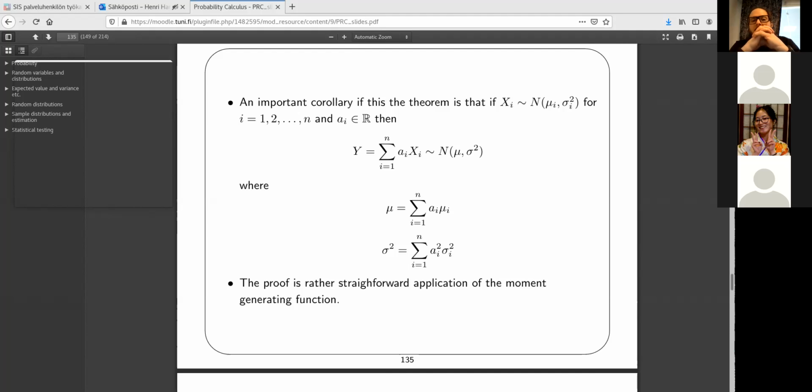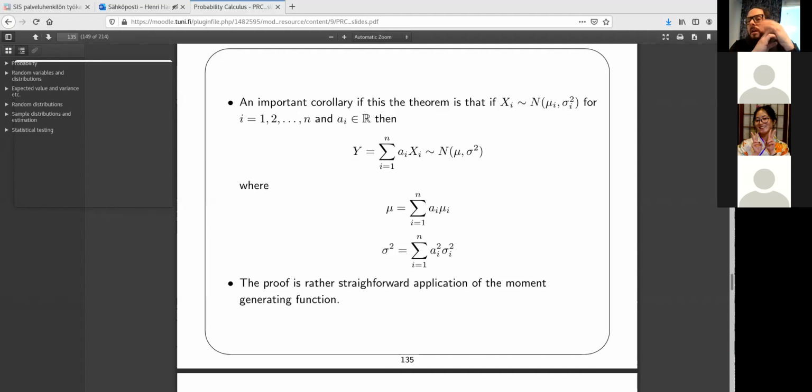And the expected value of y is the analogous linear combination of the expected values of these component variables, and the quadratic linear combination of the variances is the new variance. The proof is rather straightforward if we apply the moment generating function.